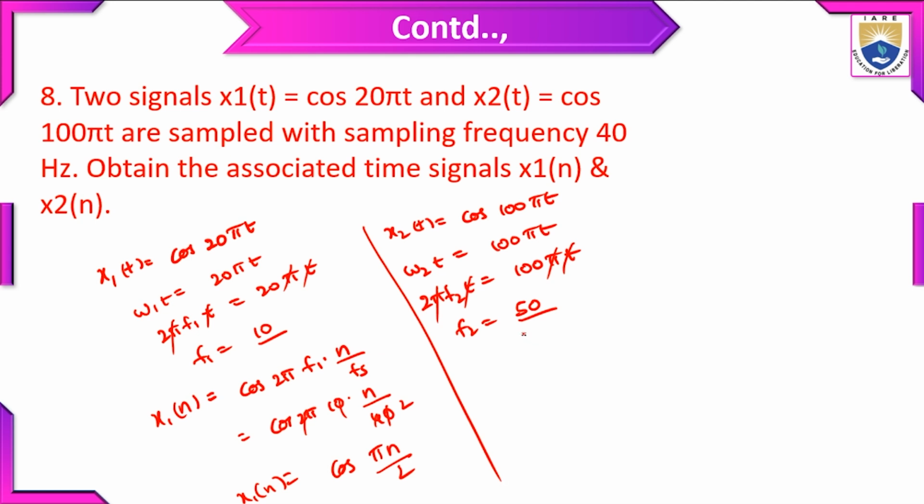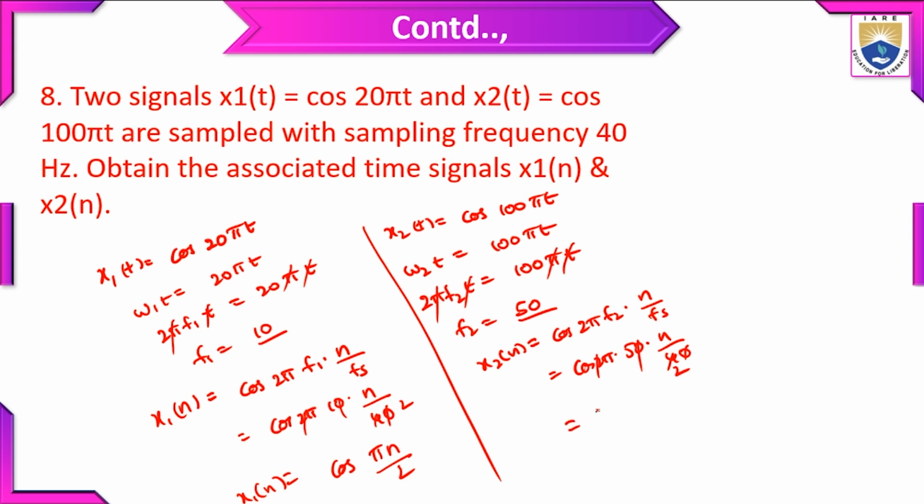Whereas x2 of n is equal to cos 2 pi f2 into n by fs. Same sampling frequency we take. So here also you substitute. So cos 2 pi f2, 50, into n divided by 40, and this is 2.